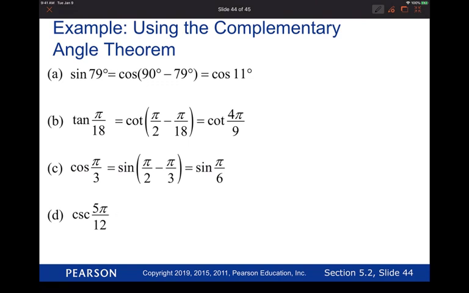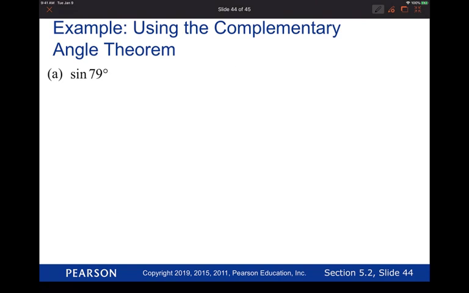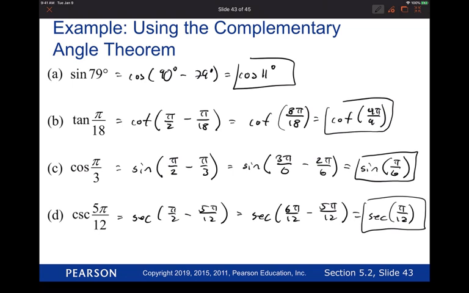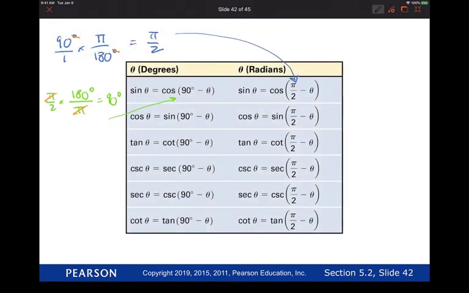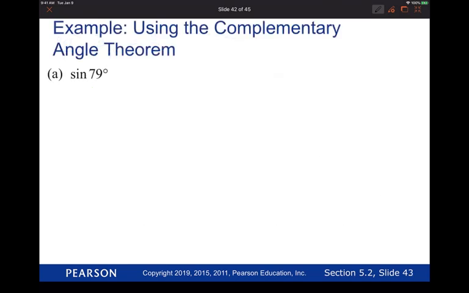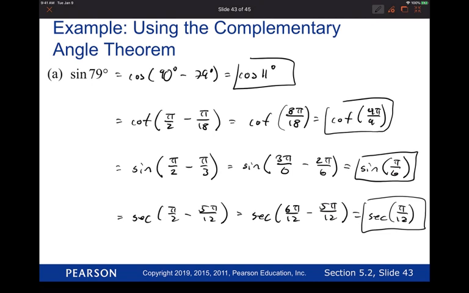From this? Yeah, this is what we've been using the whole while. These use the cofunction properties and the complementary angle theorem. I'm just doing it because it says using the complementary angle theorem, so they just wanted us to directly use that theorem. Okay, let's get past all this.